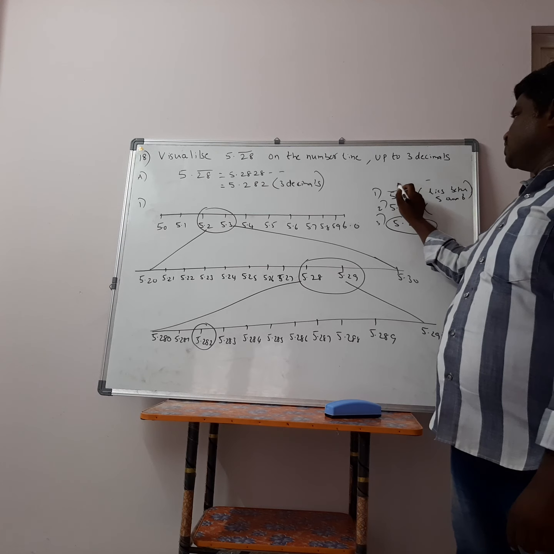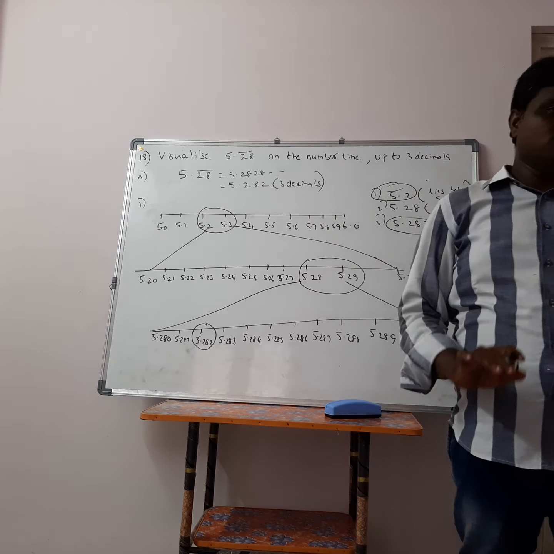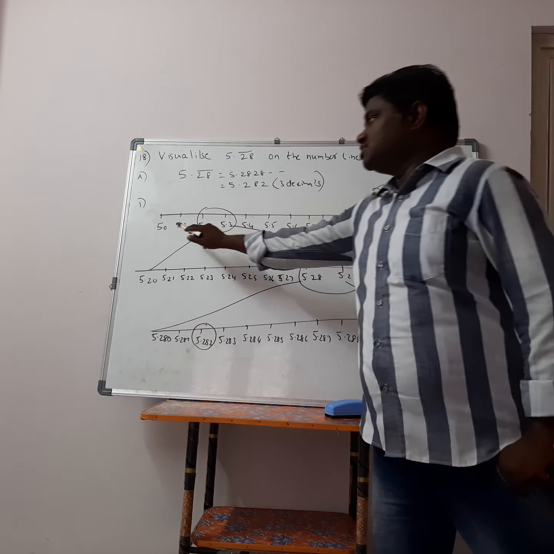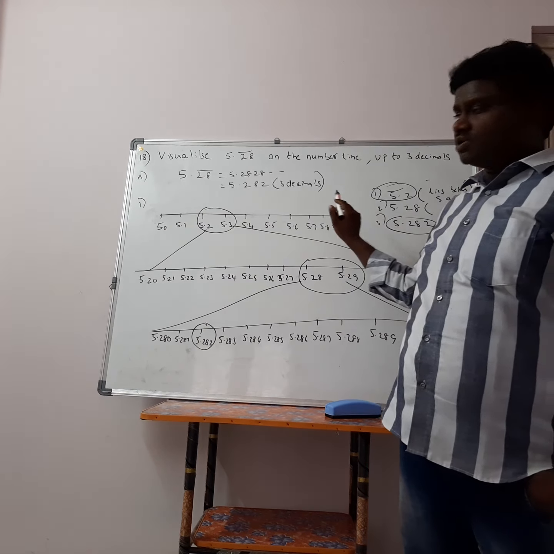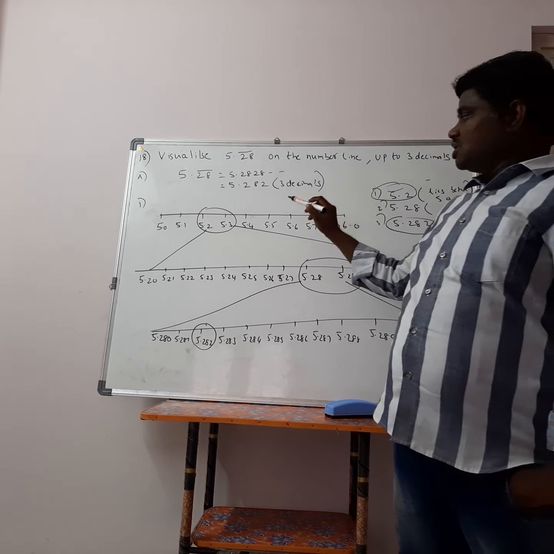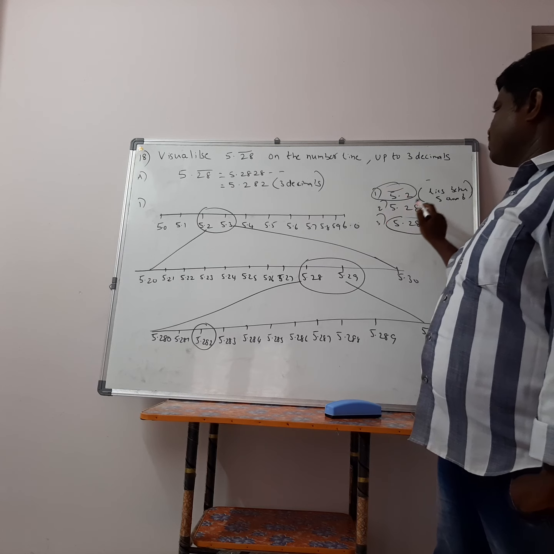In the first step, 5.2 lies between 5 and 6. That means 5 means 5.0, 6 means 6.0. You have to look at 5.1, 5.2, 5.3, so you look at 5.2 and 5.3.